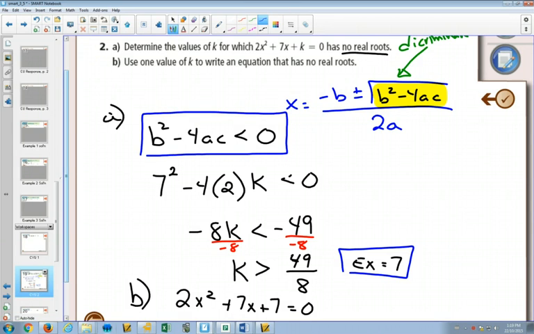And anytime k is bigger than 6.125, then this is going to be negative. And then we'll have no roots because of that. We could test it if we like. We could take 49 minus 4 times 2 times 7, which will be 49 minus 56, and you'll get negative 7. And then you go, yes, it doesn't work.